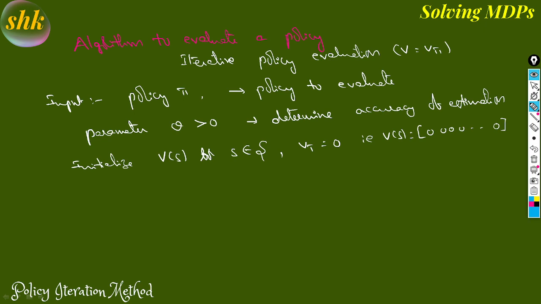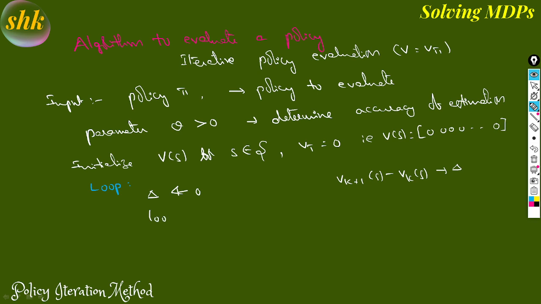Now we go for looping. We initialize a difference, delta, equal to 0. This difference is, in every iteration, V(k+1) of S minus Vk of S. This is nothing but the delta function.